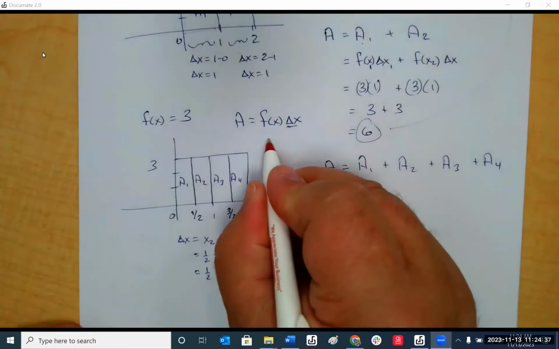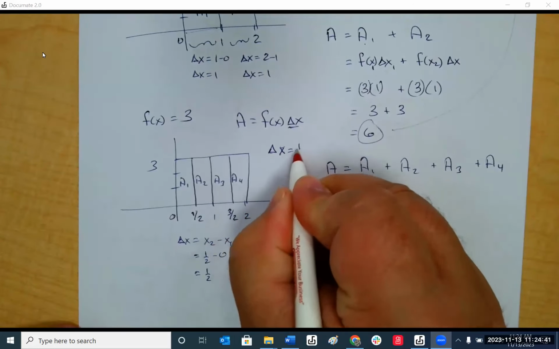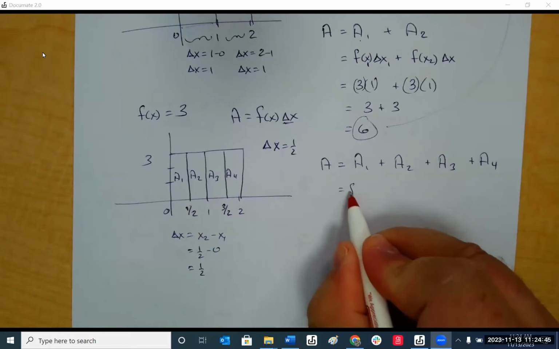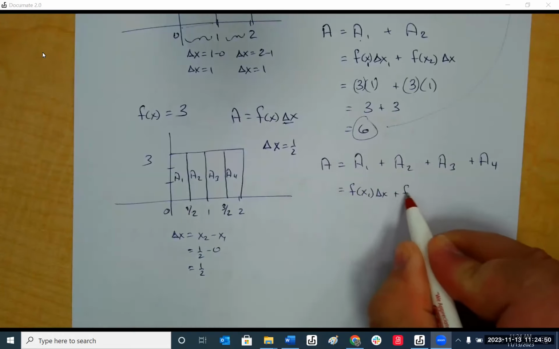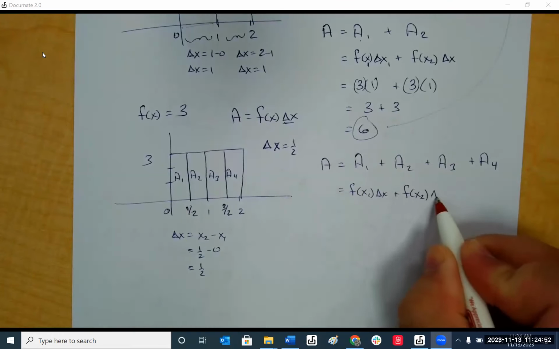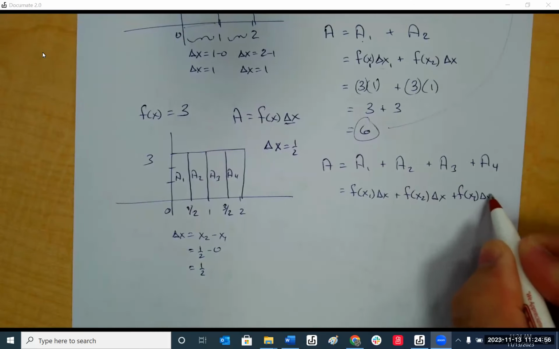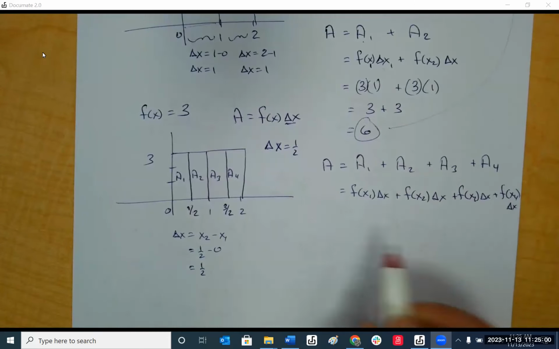So our delta x is always going to be 1/2. So we have f of x1 delta x, f of x2 delta x, f of x3 delta x, and f of x4 delta x.